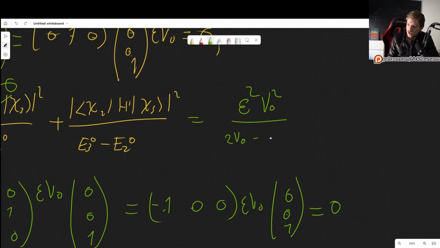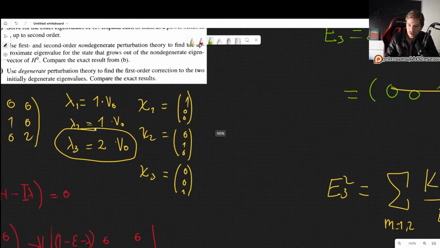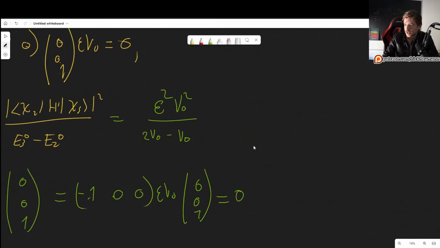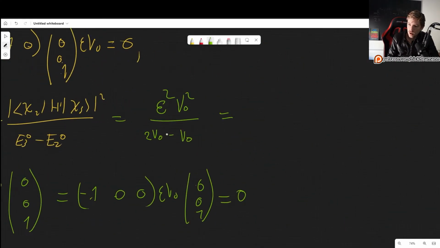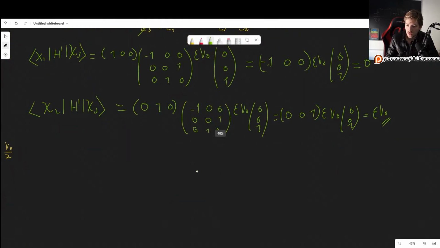Now, the second energy is V0, right? Same argument, because lambda 2 here is simply V0. So that means that here we get one V0 and one of the V0s cancel out, and we get epsilon squared V0. So the energy of this state, E3, is of course E3 unperturbed plus E3 first correction plus E3 second correction.